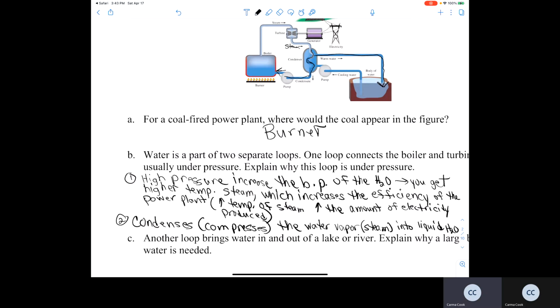So those are the two purposes for the high pressure in that loop: to make the steam hotter and therefore be able to produce more electricity, and then to cause that steam to condense.